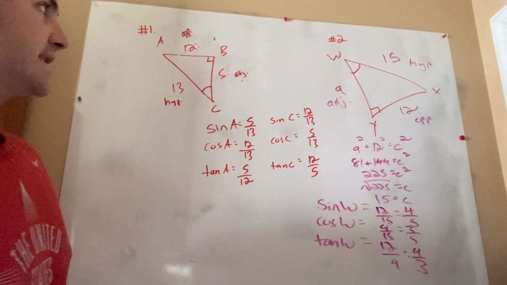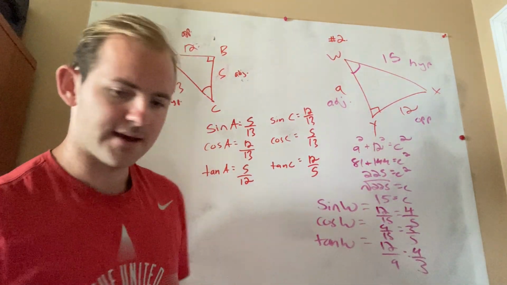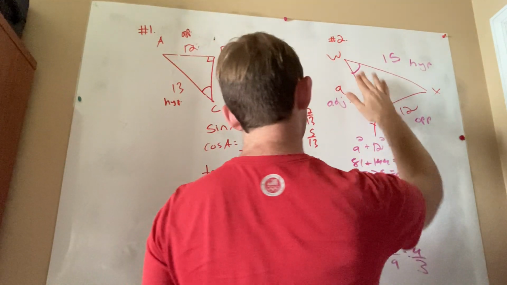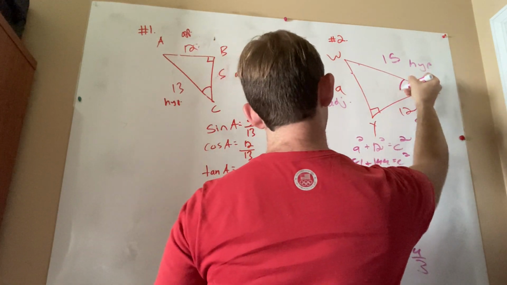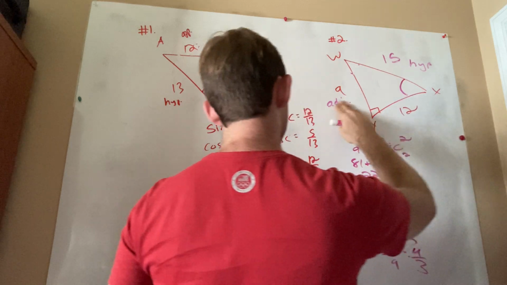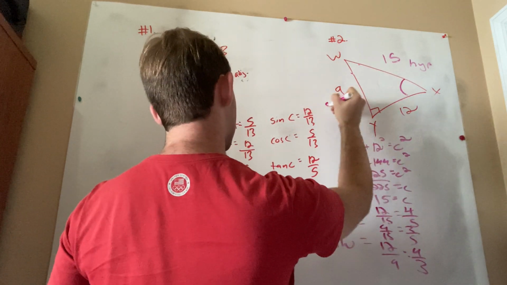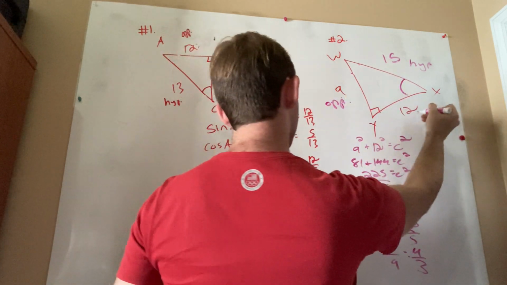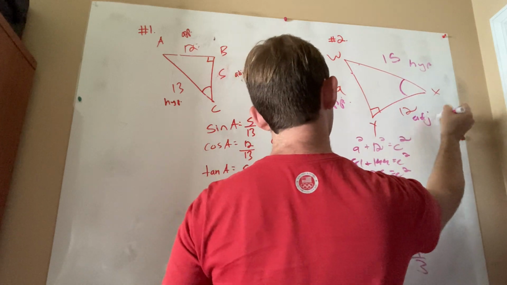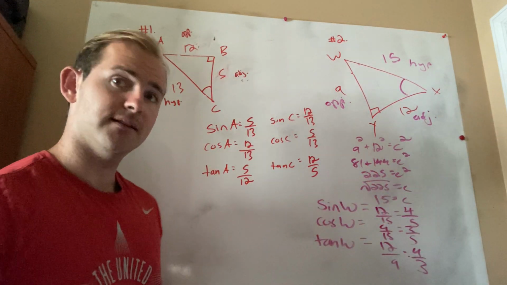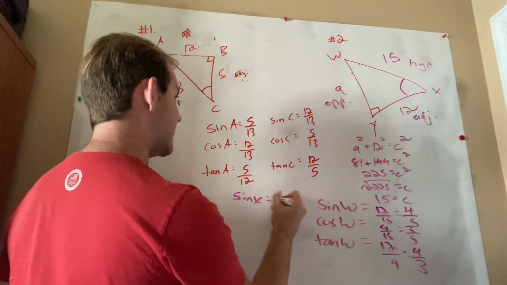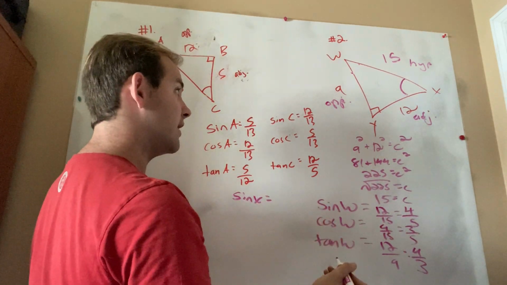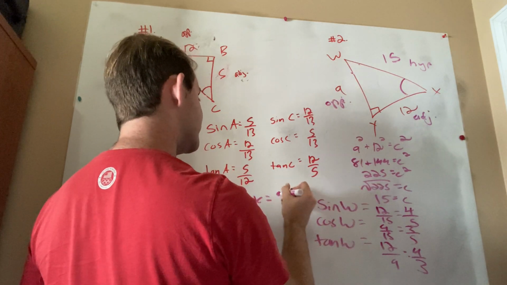Then, if I want to do exactly the same thing for x, sine, cosine, and tangent, I would just move my angle. So the hypotenuse is not going to change, but my new opposite is 9, and my new adjacent is 12. So with that being said, we can go through pretty easily. The sine of x is opposite over hypotenuse, which is 9 over 15.